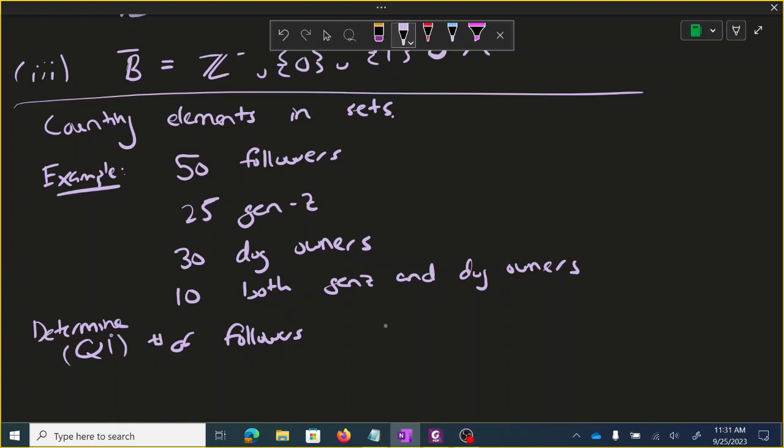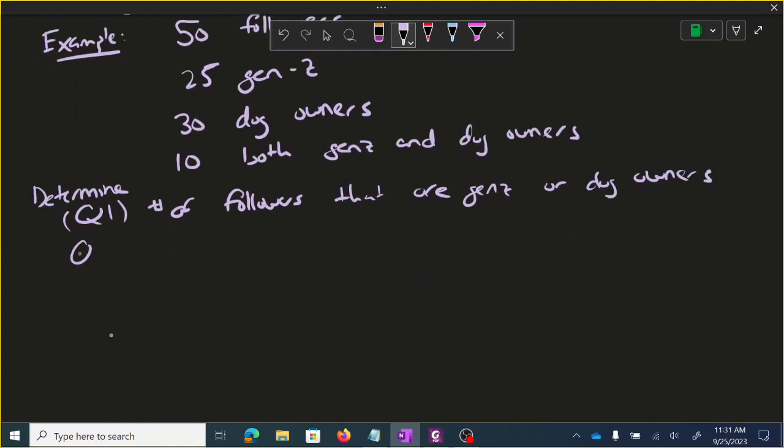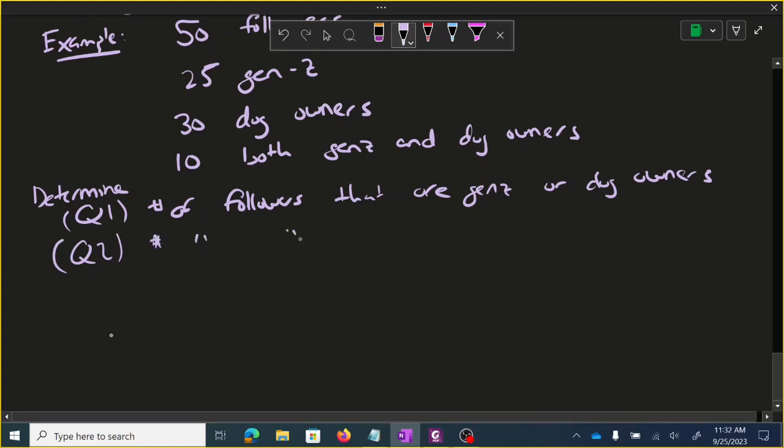Determine the number of followers that are Gen Z or dog owners. And question 2, determine the number of followers that are not Gen Z nor dog owners.